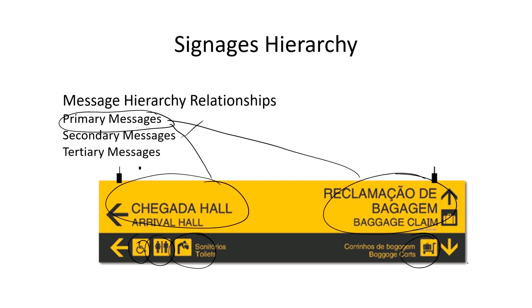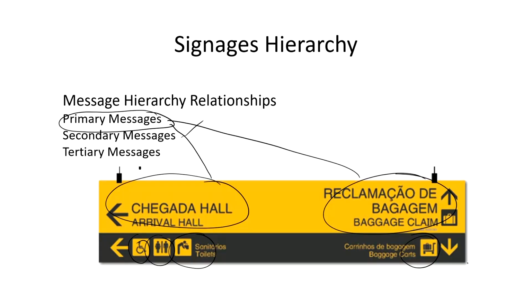So, we keep them as secondary messages, whereas some information which is additional and which very few people require, like do's and don'ts, we can give tertiary importance. I hope next time whenever you visit the airport, you might be able to categorize the messages in these categories.